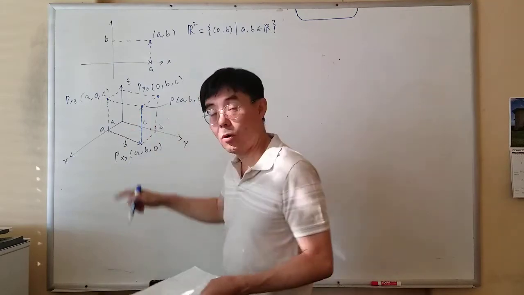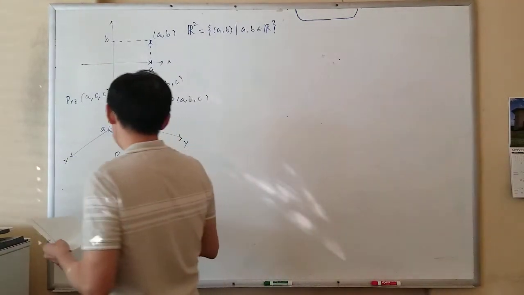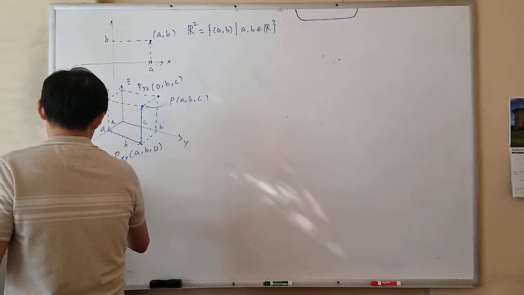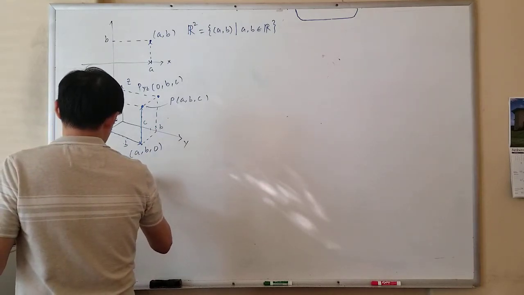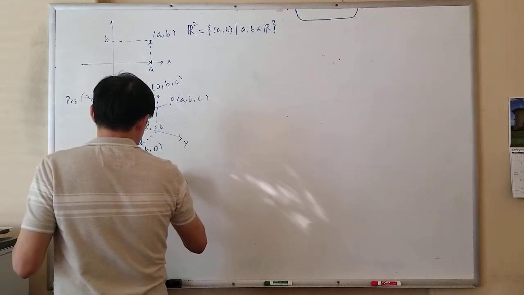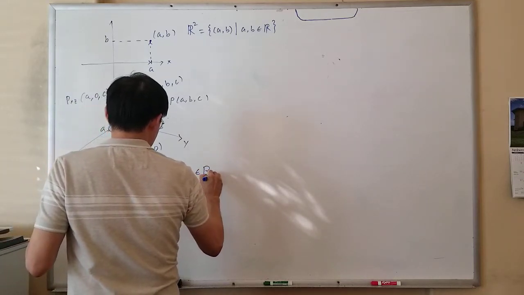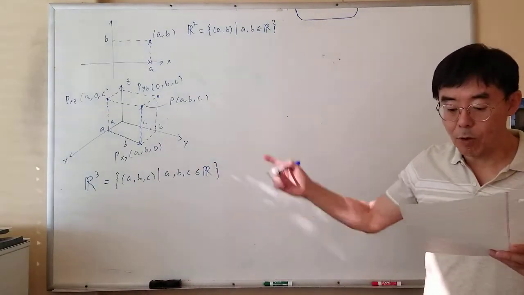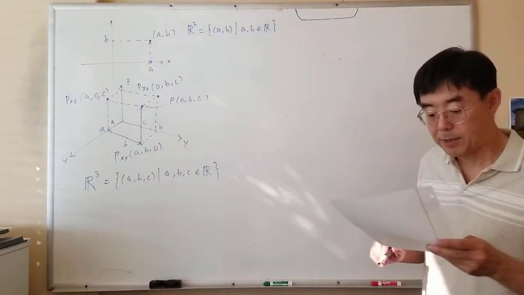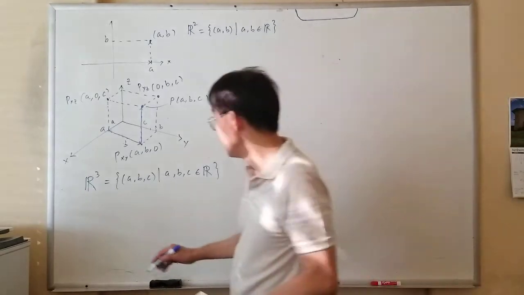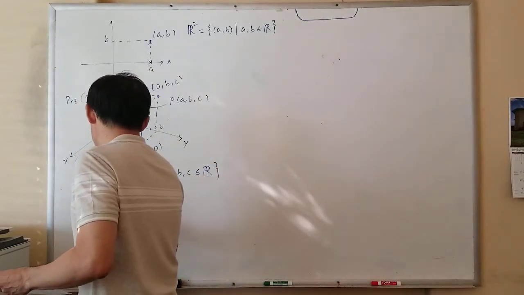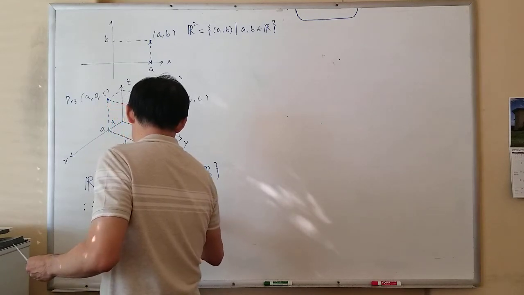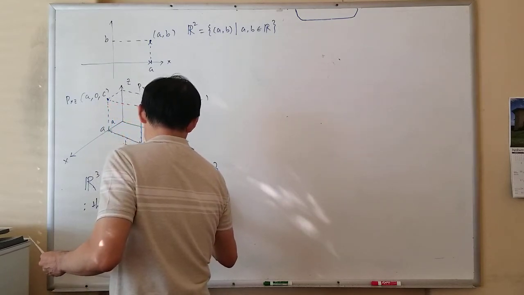Likewise, all points in space can be written as R cubed, which is the set of all ordered triples (A, B, C), where A, B, C are all real numbers. This is the set of all points in space.